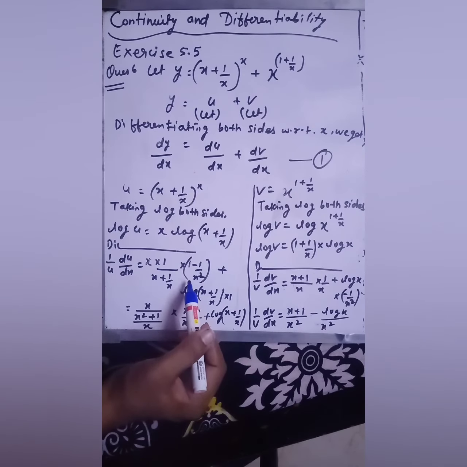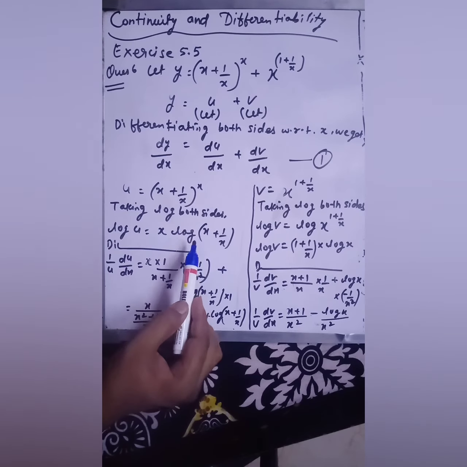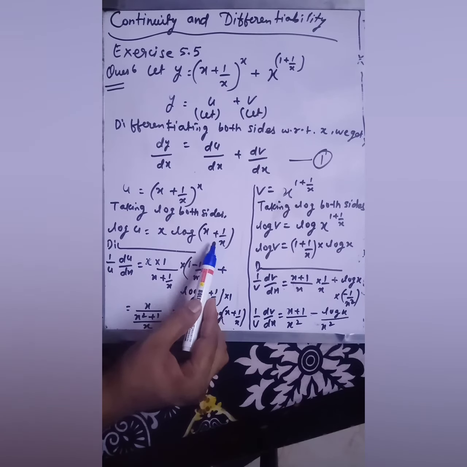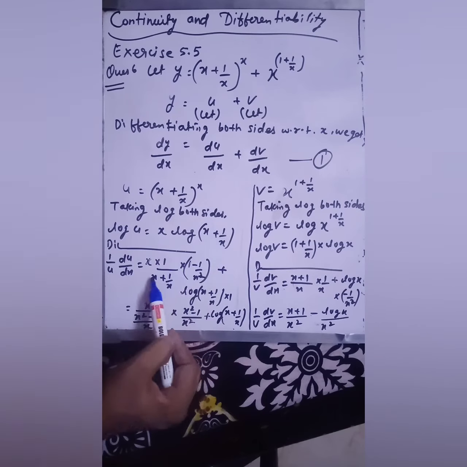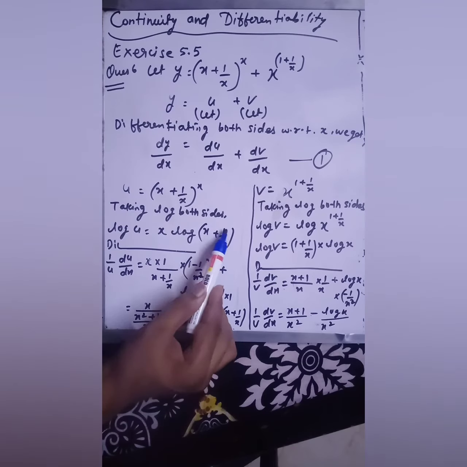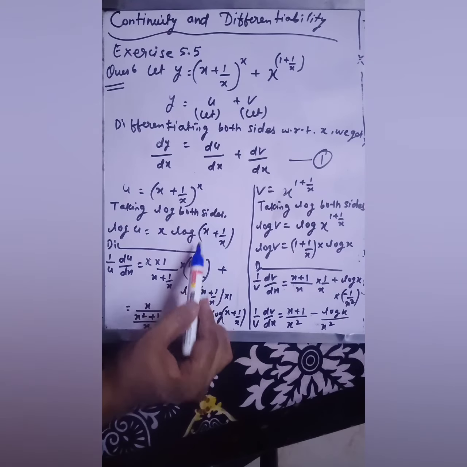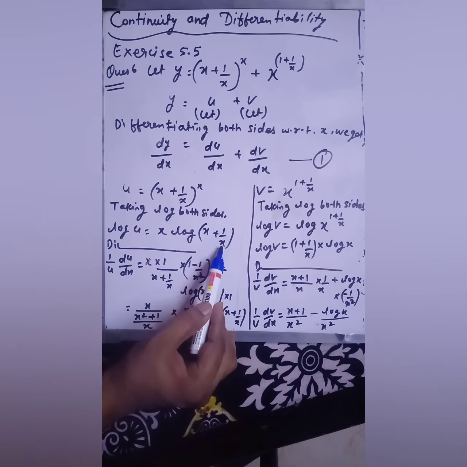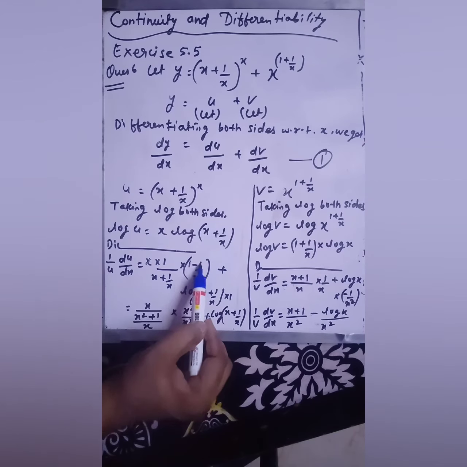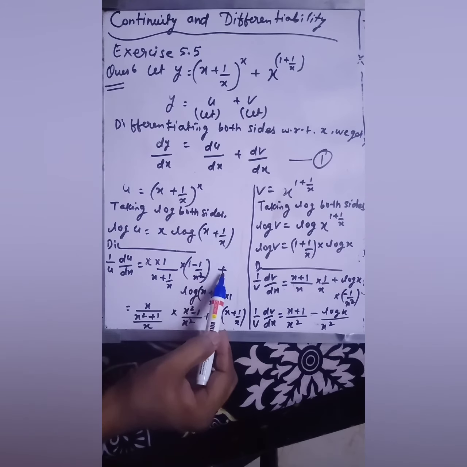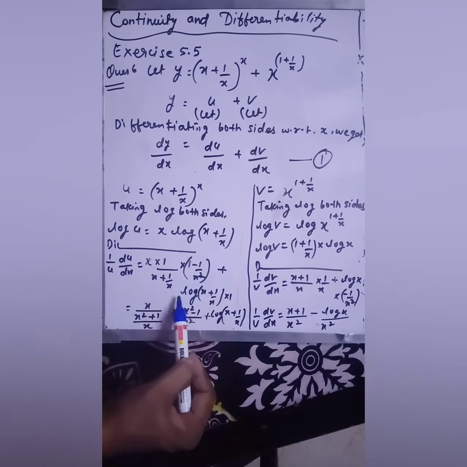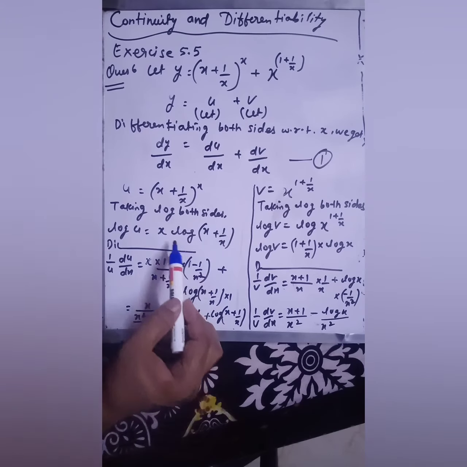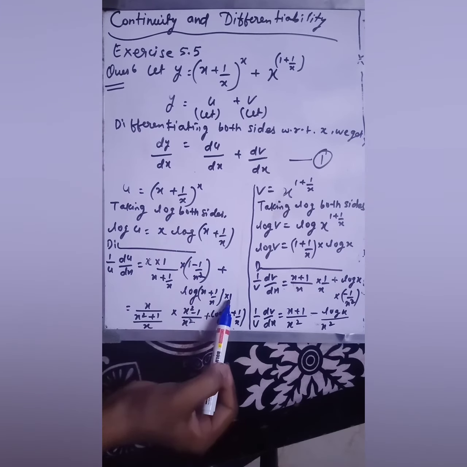I'm repeating this step again. This x will remain the same, and the derivative of log of x plus 1 by x will be 1 upon this term, into the derivative of this. The derivative of x would be 1, and the derivative of 1 by x is minus 1 upon x square. Plus this term remains the same, into the derivative of x, that is 1.